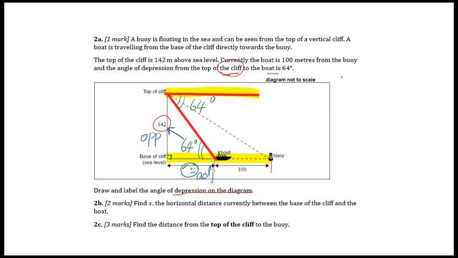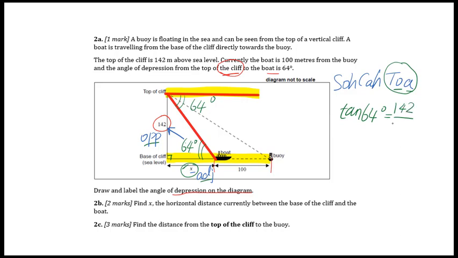Using SOHCAHTOA, we know this opposite and adjacent. Therefore, we got to use a tangent. Tangent 64 degrees equals opposite, that's 142 over x.